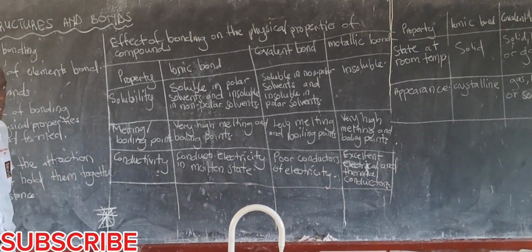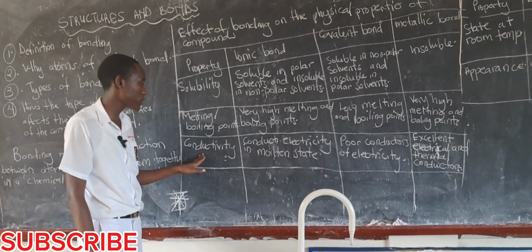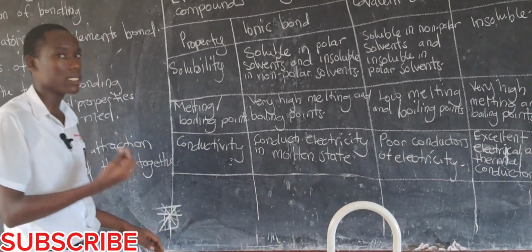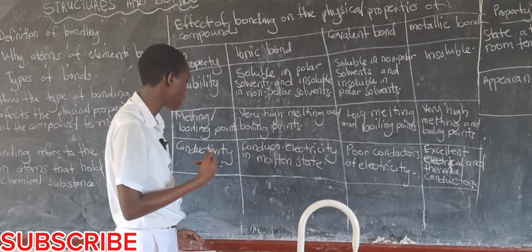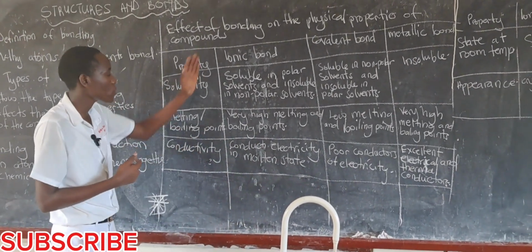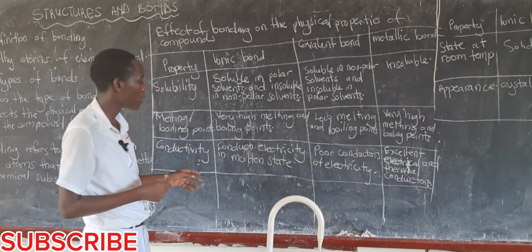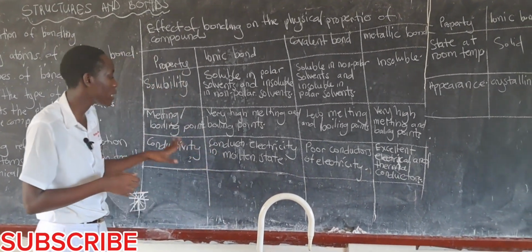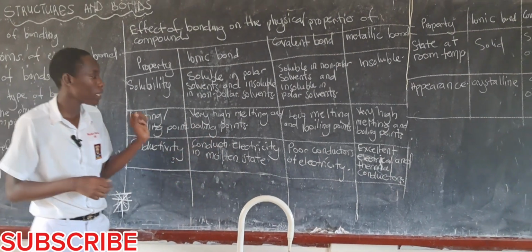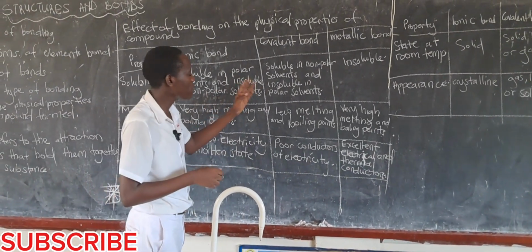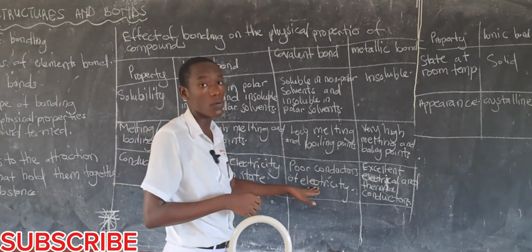Then let us look at conductivity. When we say conductivity, it means can it conduct; we talk of electrical conductivity and thermal conductivity. Ionic bonds, for example sodium chloride, conduct electricity in molten state or when dissolved in water. Covalent bonds are poor conductors of electricity.